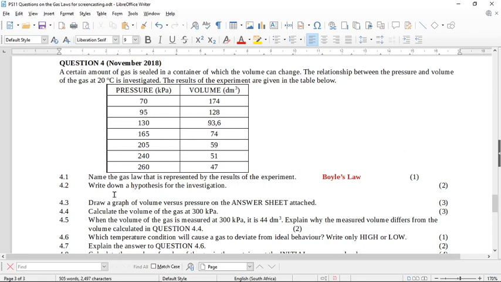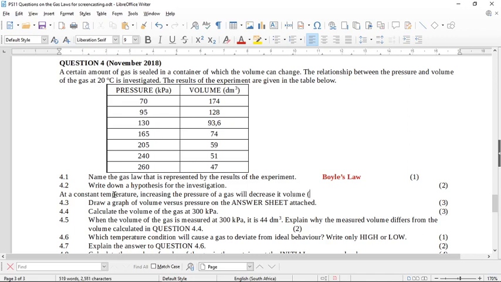So our hypothesis must state that at a constant temperature, this is my fixed variable, my controlled variable, at a constant temperature, increasing the pressure of a gas will decrease its volume.